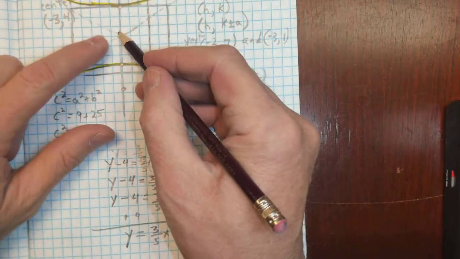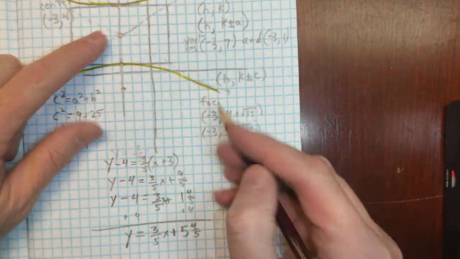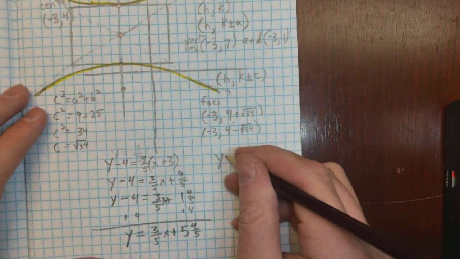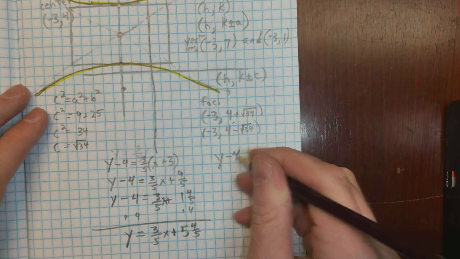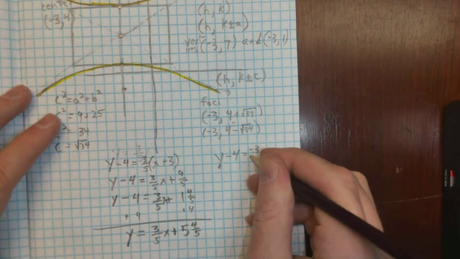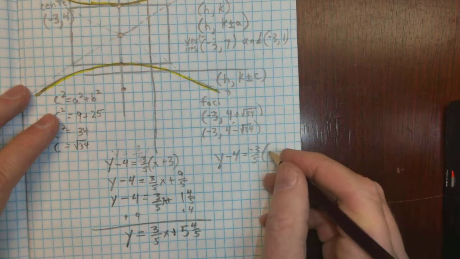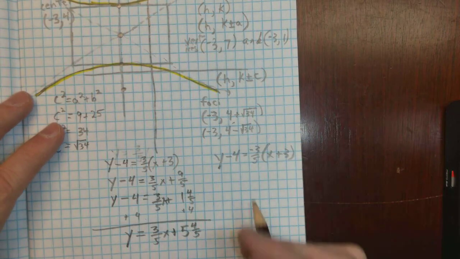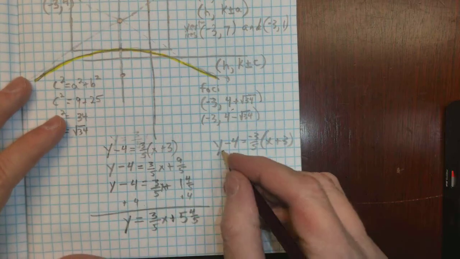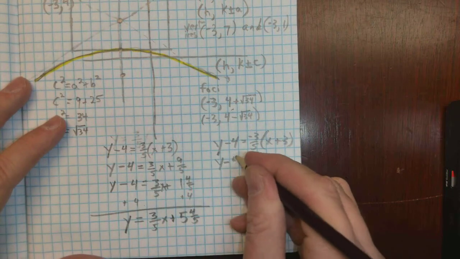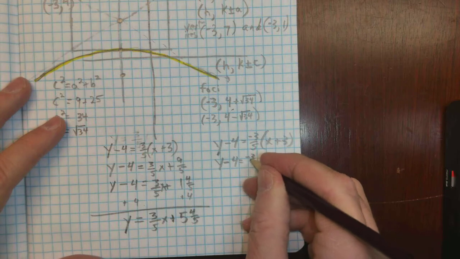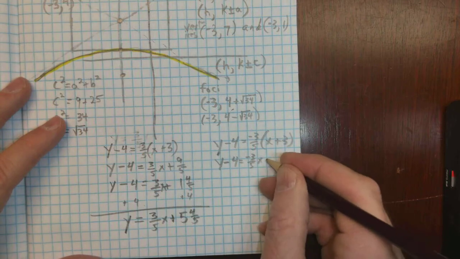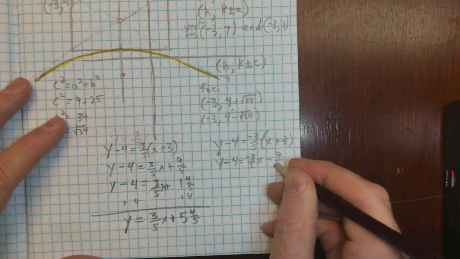The other one, if you'll notice, the slope is down 3 over 5, is the same way, except it's got a negative slope. -3/5 times x plus 3. So I got y minus 4 equals -3/5 x minus 9/5.